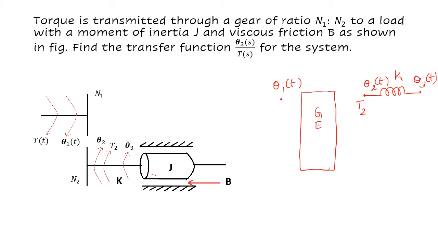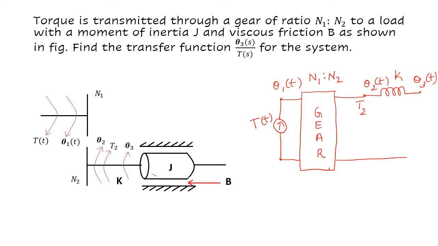It's a gear with ratio N1 is to N2. So this gear connects the source to the load. The applied torque is T. Then at theta 3, we are left with the load, which we haven't represented yet.